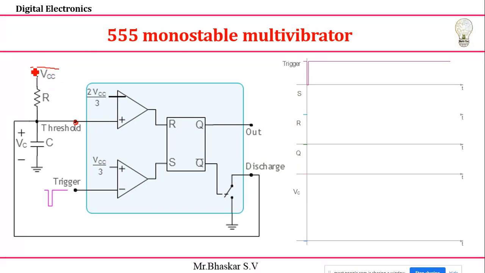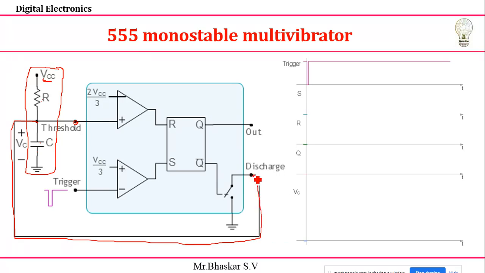I'm going to use two components right now, one resistor and one capacitor. I'm going to connect it here to the VCC. I have one resistor and the capacitor. Between the resistor and capacitor, I'm going to connect one of the pins, that is the threshold pin or the discharge pin.